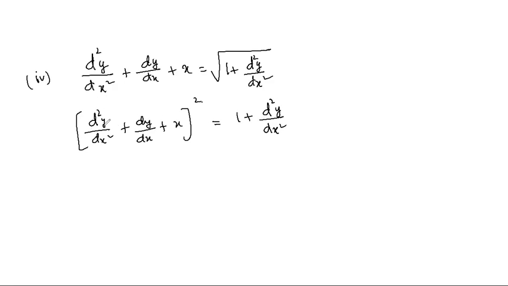So you should always take the greatest power. So the greatest power is 2, hence the degree will be 2 and order will be 2. Is it clear to you? Yes. Order is 2 because of d square y by dx square. Degree also will be 2 because d square y by dx square appears 2 times, one has power 2, another has power 1, and the greater should be taken.